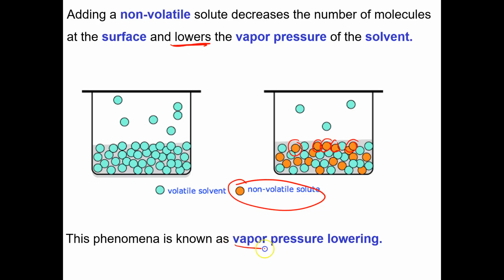And so this phenomenon is called vapor pressure lowering. And obviously you can see that as the concentration of our non-volatile solute goes up, the vapor pressure lowering effect will increase. So this is a property that depends upon the concentration but not the identity of the non-volatile solute.